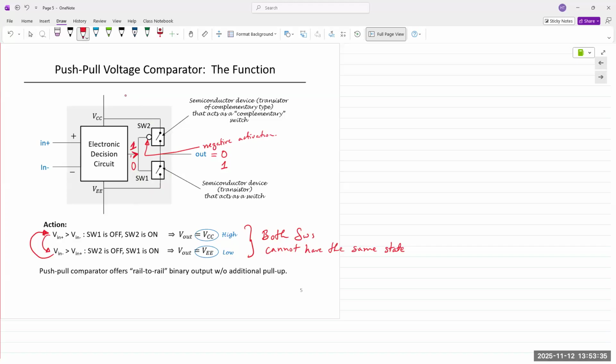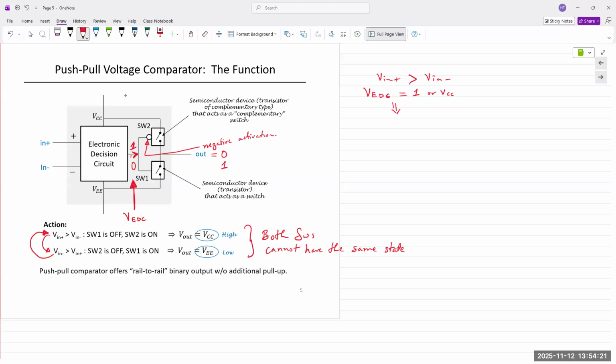So when it's 0, switch 2 closes. Let me write it here. Let's label this as V out at the EDC, the voltage at the output of the EDC. So if V in plus is higher than V in minus, output here is going to be 1 on VCC.